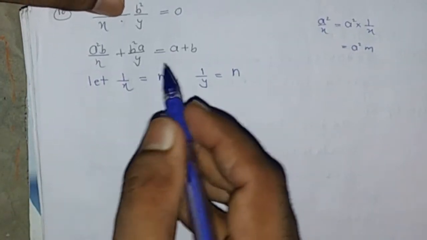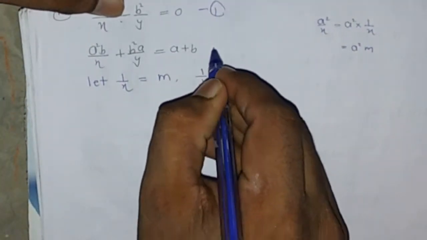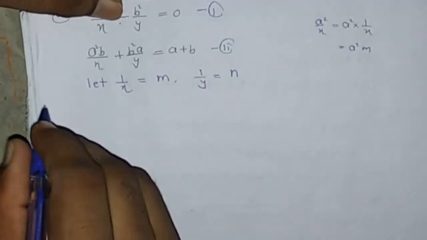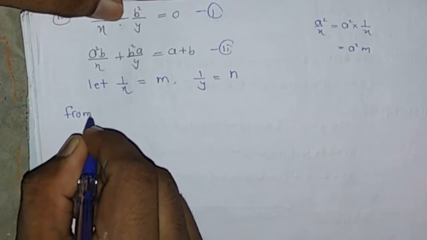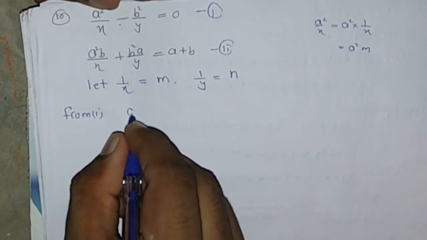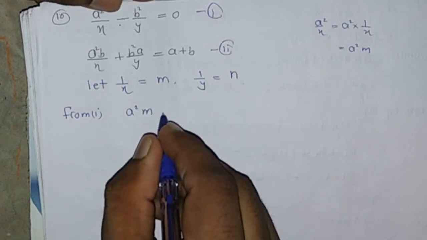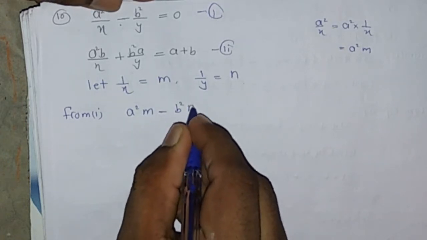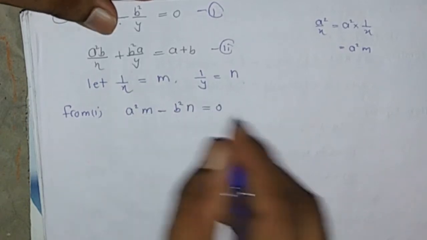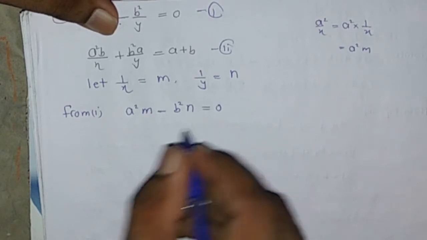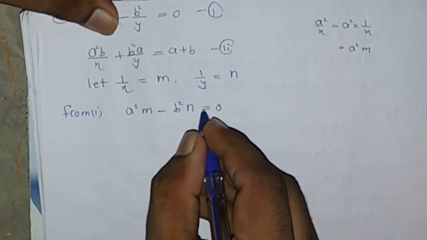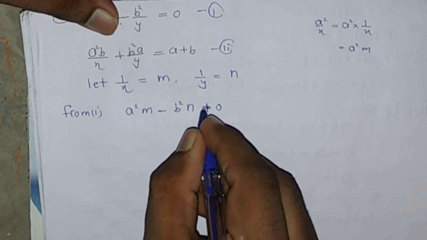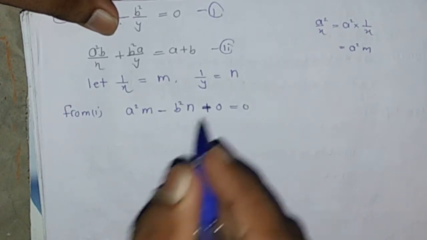Then we can write this first equation in the form: from first, a square m minus b square n plus 0 equals 0.